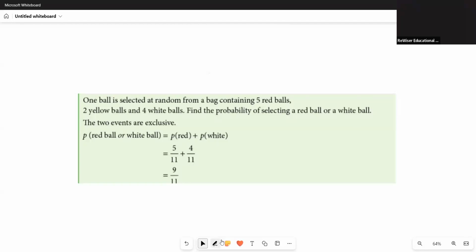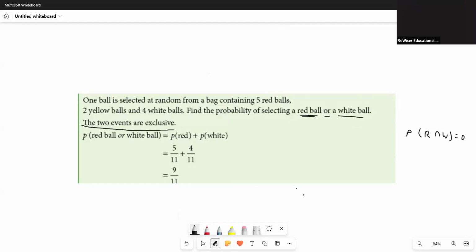One ball is selected at random from a bag containing 5 red balls, 2 yellow balls, and 4 white balls. Find the probability of selecting a red ball or a white ball. Always remember, it says that the two events are mutually exclusive. That literally means the probability of red intersection white ball must be equal to 0.